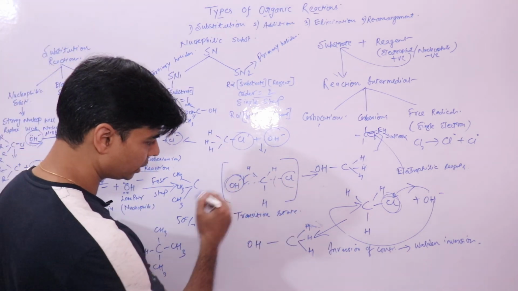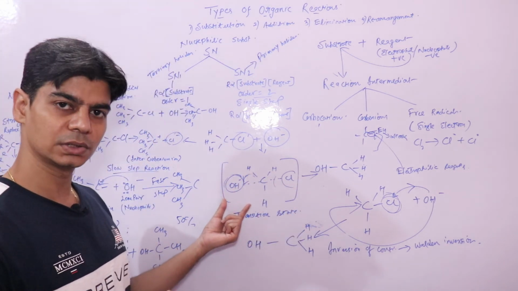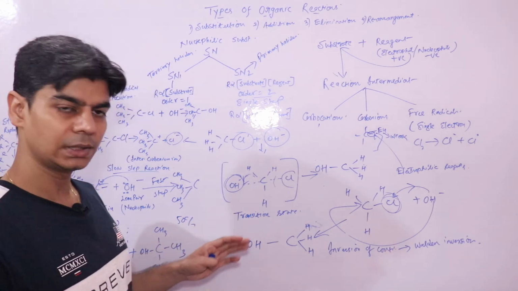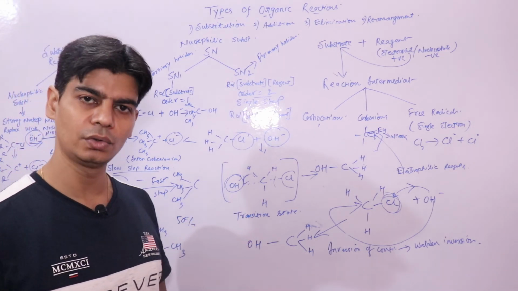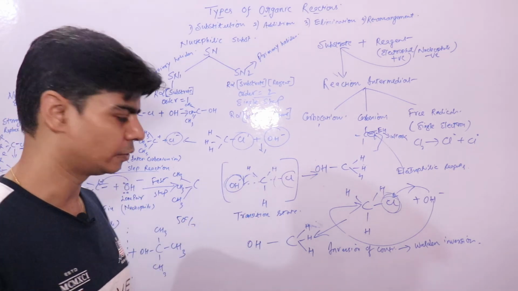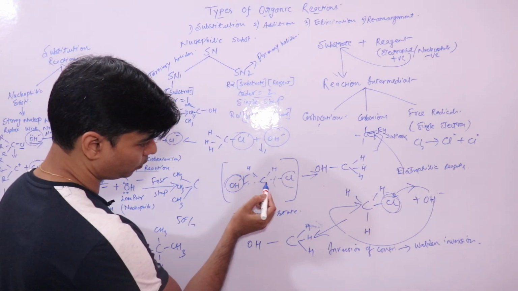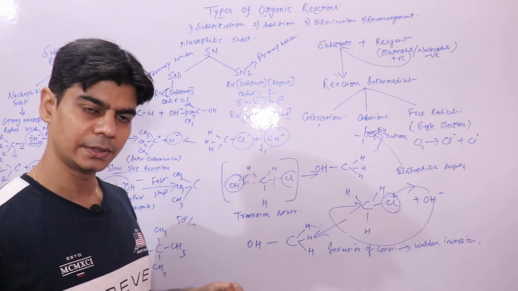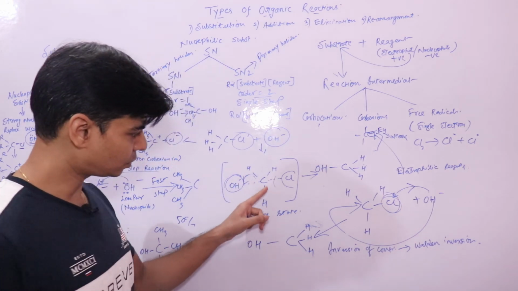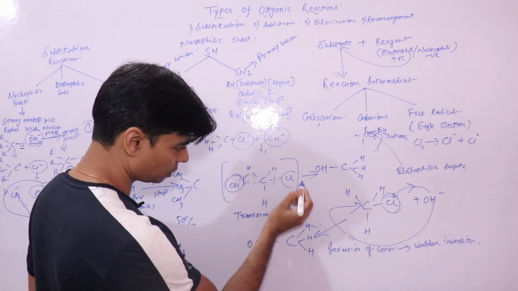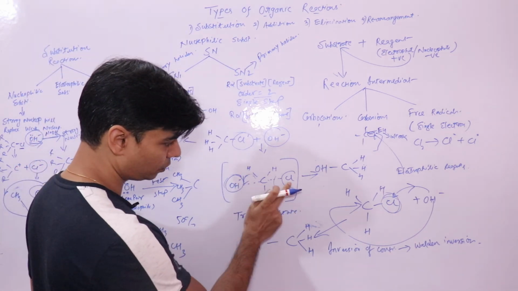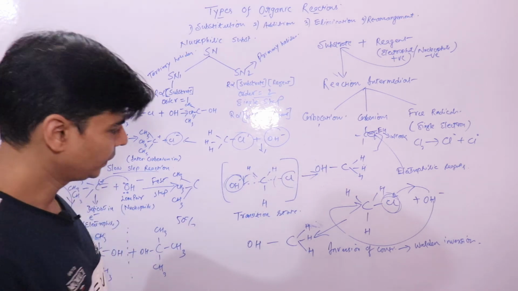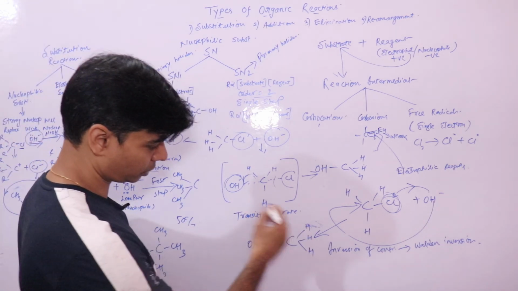The attacking nucleophile is a strong nucleophile, because in substitution reactions a strong nucleophile will replace a weak nucleophile. So it will attract the bond pair towards itself, thereby forming a bond with the carbon atom. Since it has displaced the electron pair towards itself, the carbon bond with Cl will break, and it will result in the product.